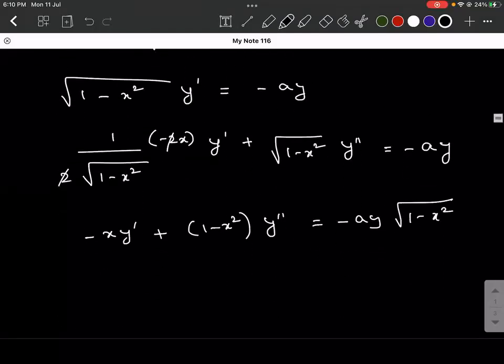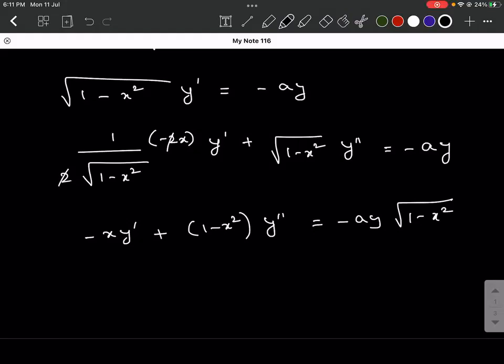One minute. Okay. Minus xy dash plus 1 minus x square into y double dash is equal to minus.